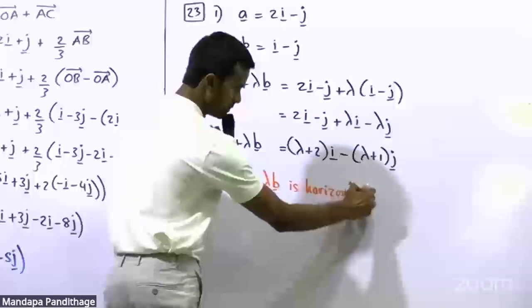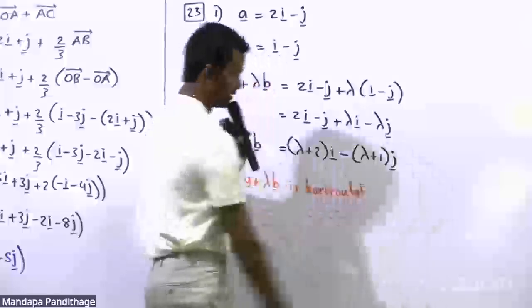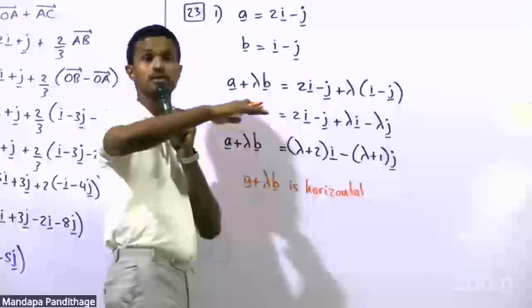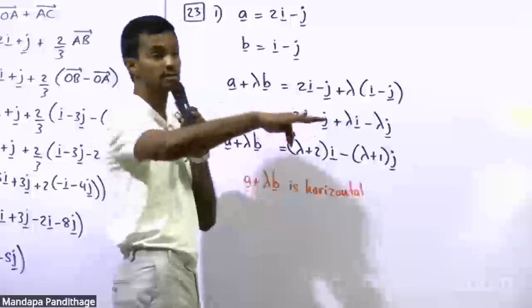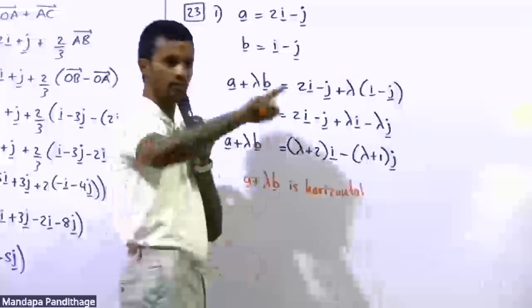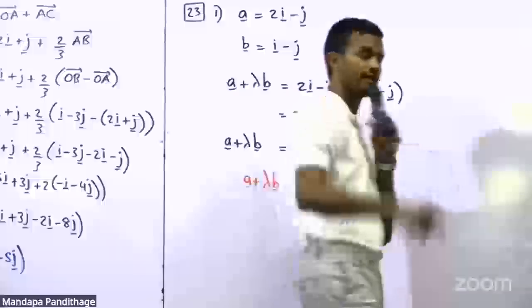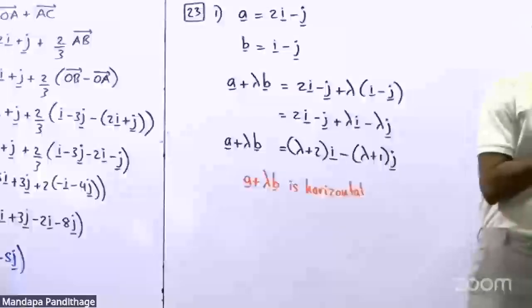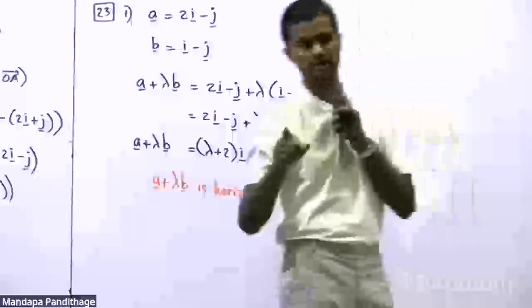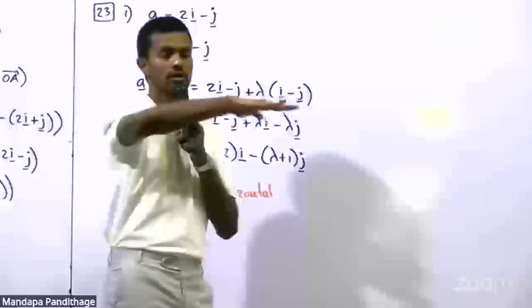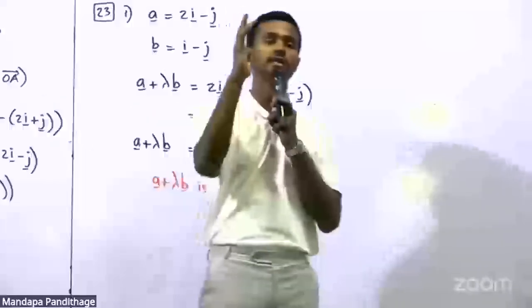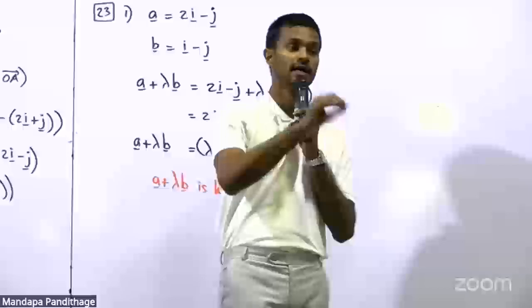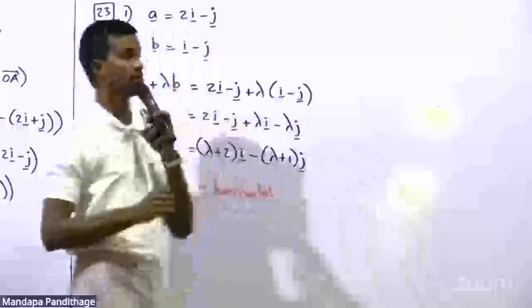So can you remember when we have a horizontal vector, that horizontal vector can be written only in terms of i. Look at the board, look at the first page of ij vectors. Here, Mark, you can see this horizontal vector can be written only by using i. Similarly, the vertical vector can be written only by using j.